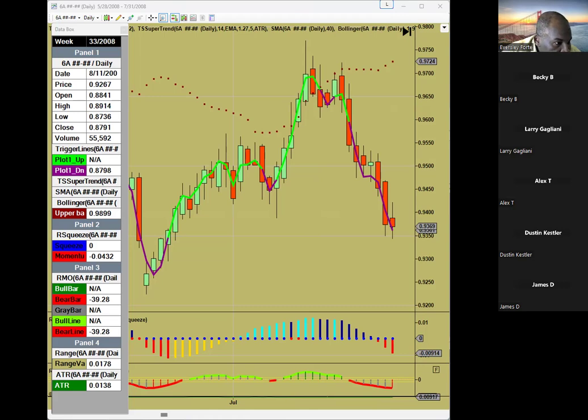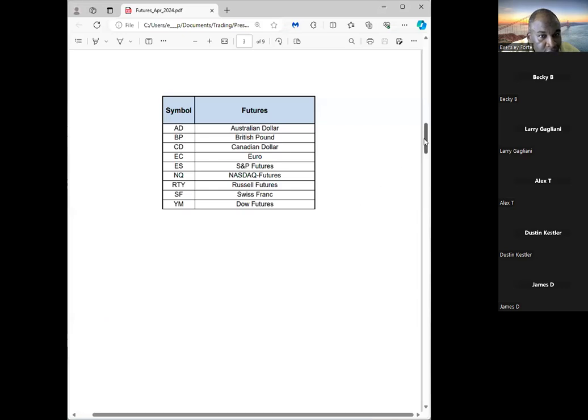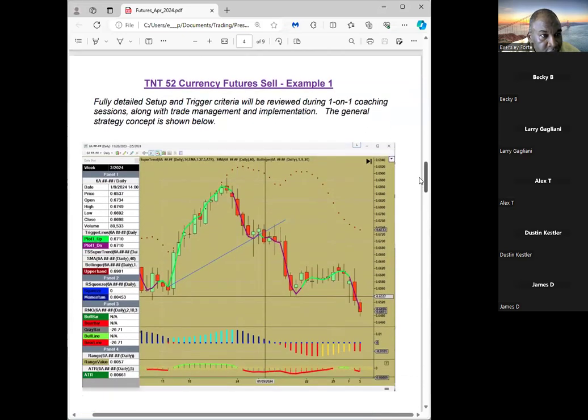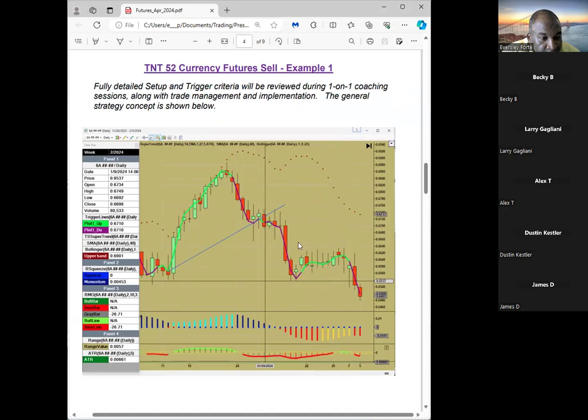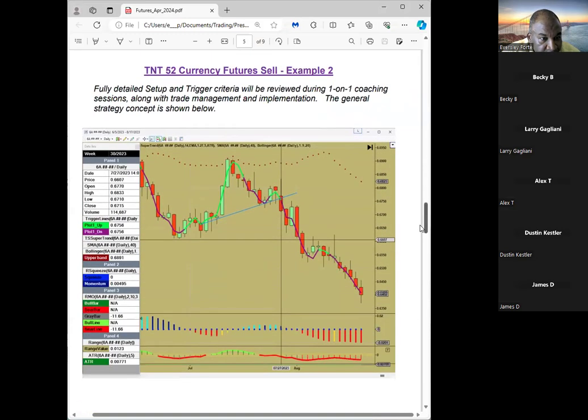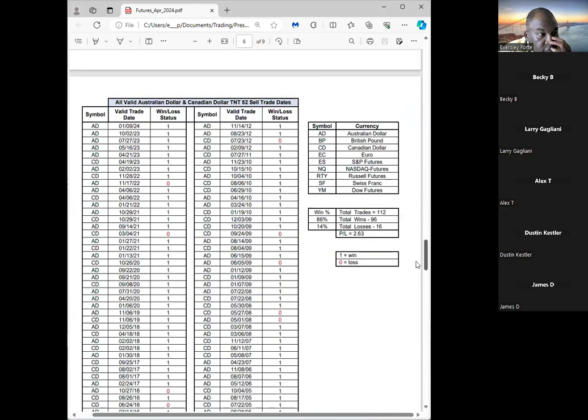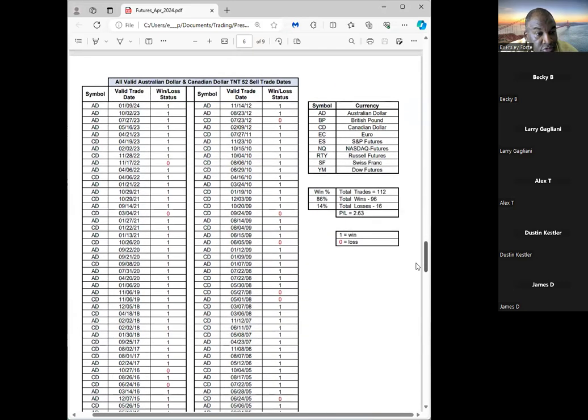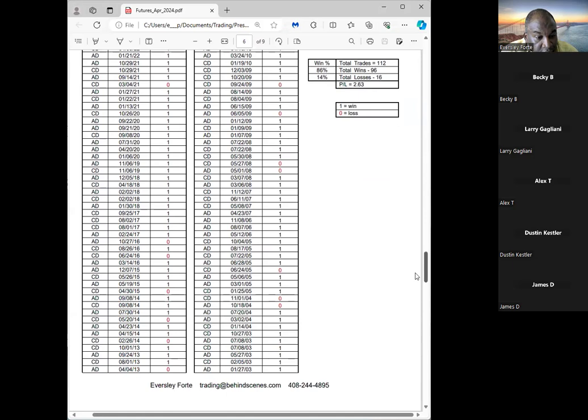Futures. All right, so this is the TNT 52 sell, so you can reference it, two examples of it, and a listing of all the Aussie dollar trades and Euro trades since 2003.